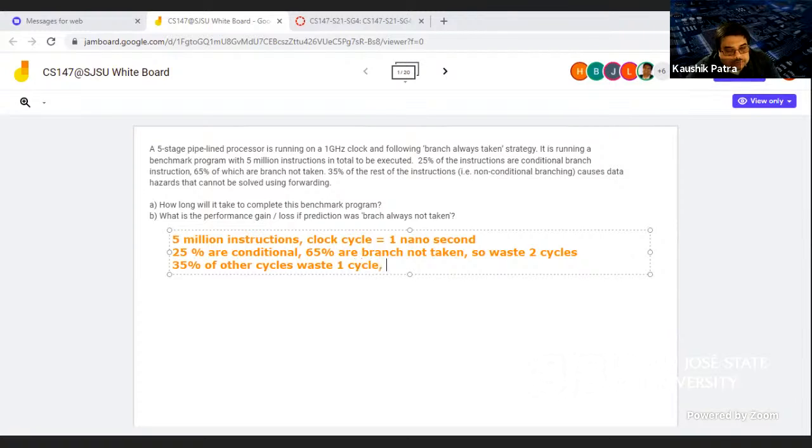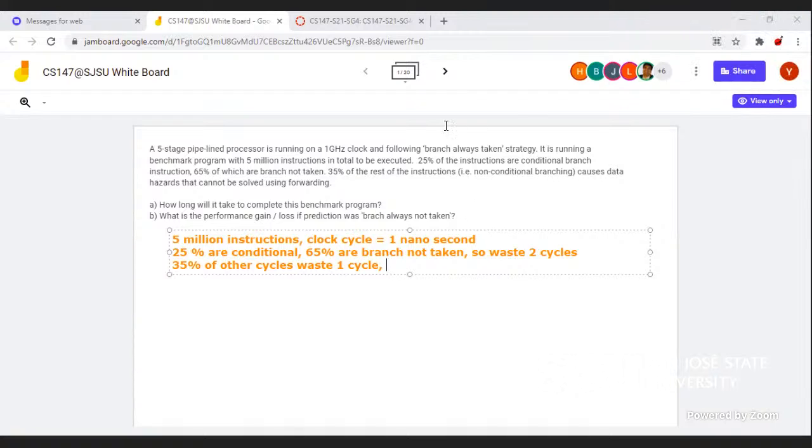We assumed that for the other case it's basically 75% of the 5 million.